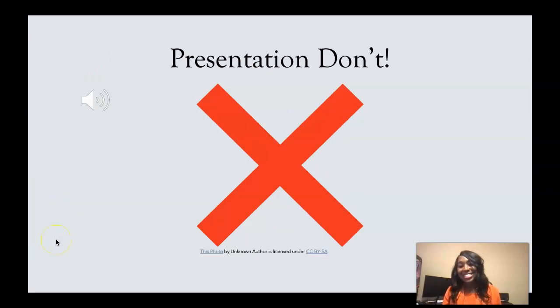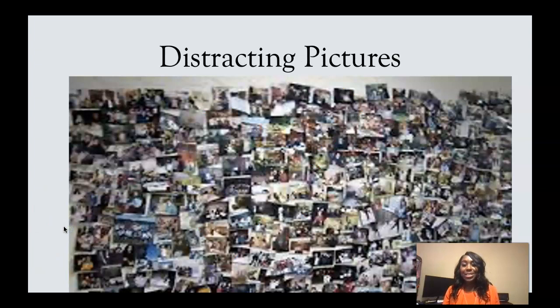Don't do that. Don't have a distracting background. Distracting pictures. All right, having too many pictures is definitely a distractor. Pictures are an asset to the slideshow, but they're not the center of the slideshow.